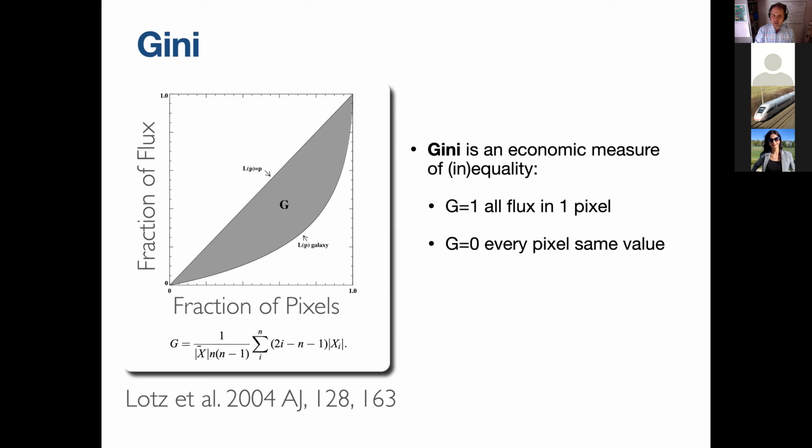If everybody has an equal share, then that's a straight line going up. However, if one person has all the wealth in Kentucky and nobody else has anything, you line everybody up by how much money they have, and you have nothing, nothing, and then boom, it suddenly spikes. So it's a good indication of how the wealth in a place is distributed.